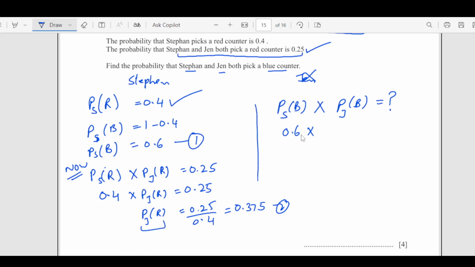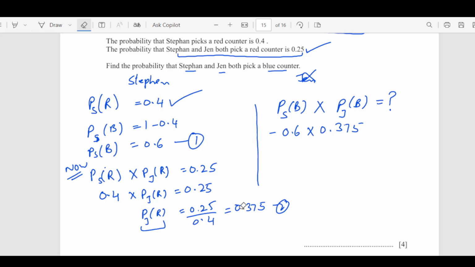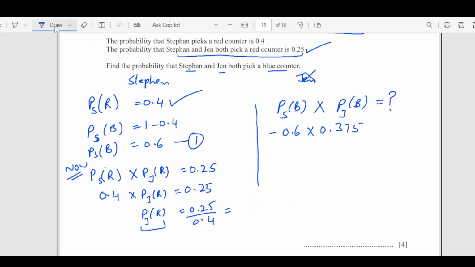When you calculate this, it comes out to be 0.625.